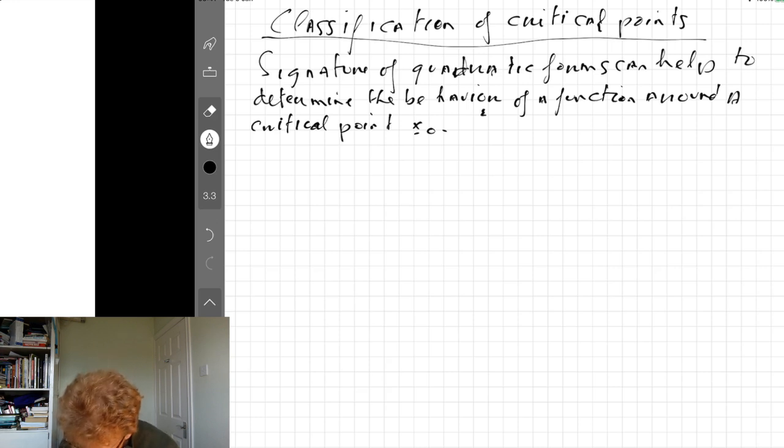And in doing so, we used Taylor expansions.